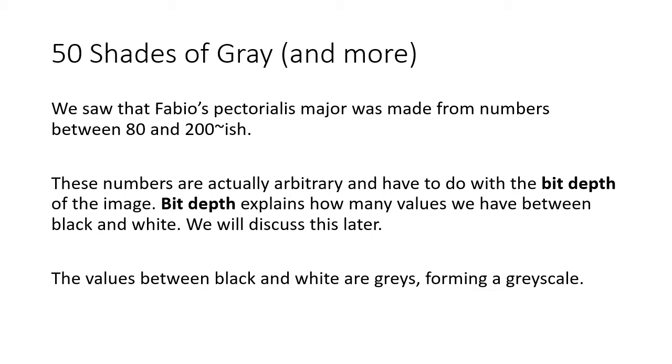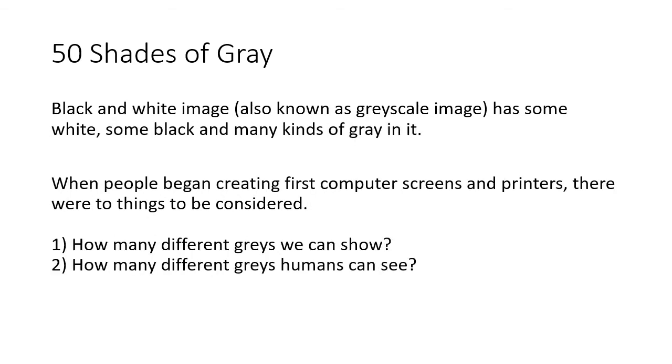We will discuss this a bit later. The values between the black and white are of course grays, and they form something called a grayscale. Black and white images are also known as grayscale images, and as the name implies, they have some white, some black, and a lot of gray in them.